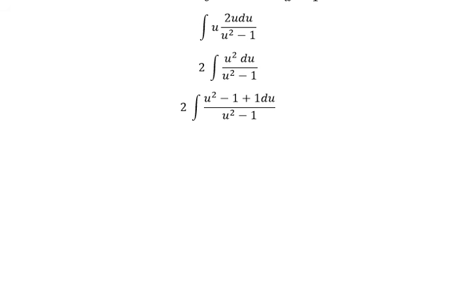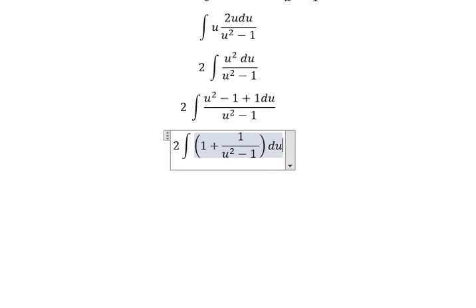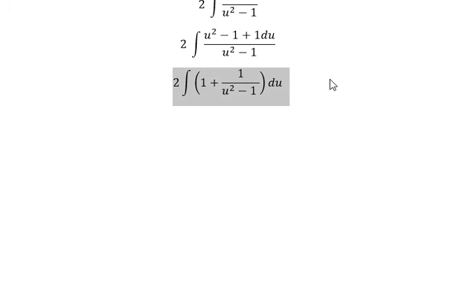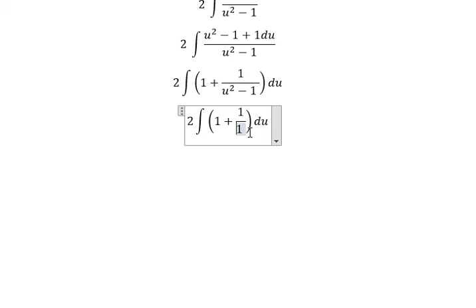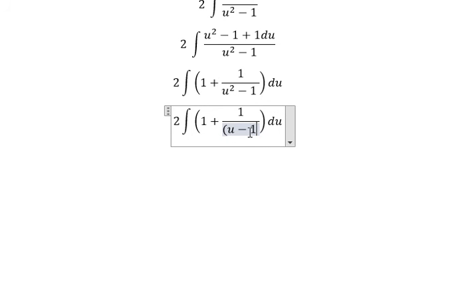So now we have two integrals in here. The first one, u squared minus 1 divided by u squared minus 1, you get 1. And we have 1 over u squared minus 1 du. u squared minus 1, we write as u minus 1 multiplied by u plus 1.